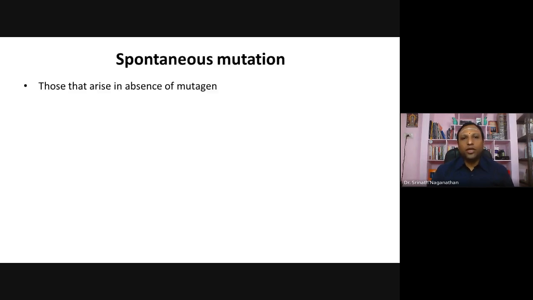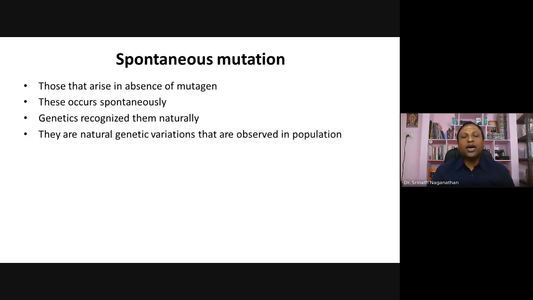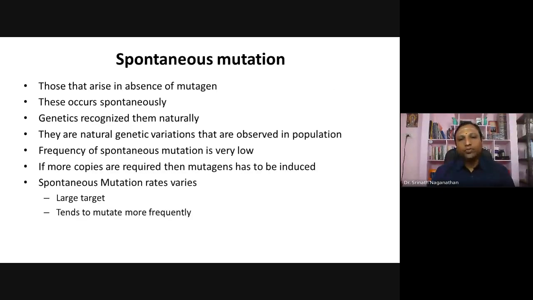Spontaneous mutations are those that arise in the absence of mutagens. They occur spontaneously. Genetics recognized them as natural. They are natural genetic variations that are observed in a population. If copies are required, then mutagens have to be induced.